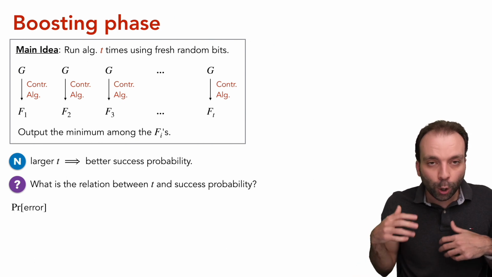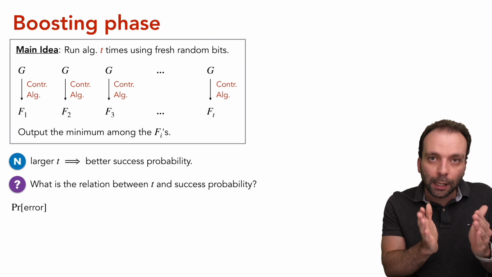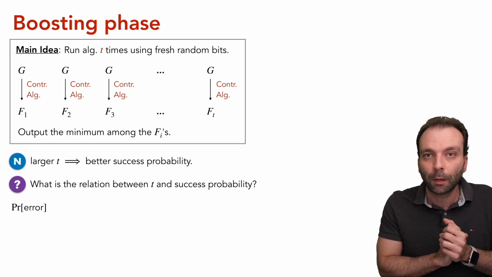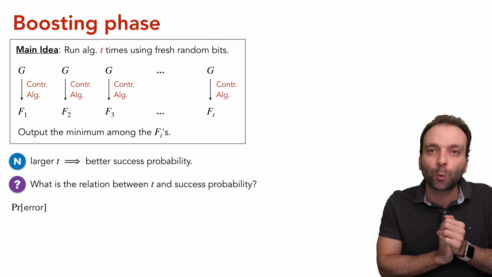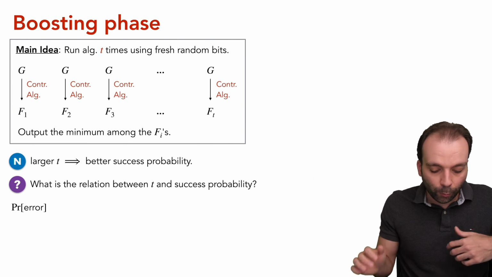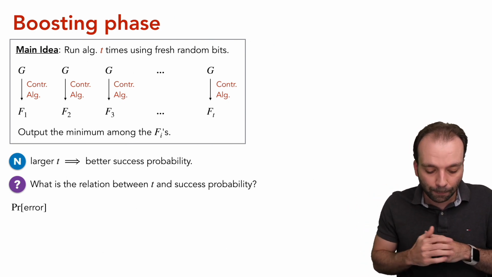And actually, I'm going to look at the error probability. I'm going to upper bound the error probability. And recall, our goal really is to upper bound the error probability by 1 over e to the n, right? I want to show that the error probability is at most 1 over e to the n. Okay, and I'm going to pick t accordingly. I'm going to pick the t that makes that happen.